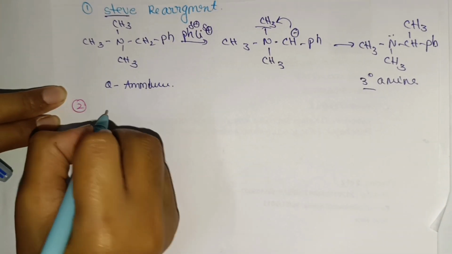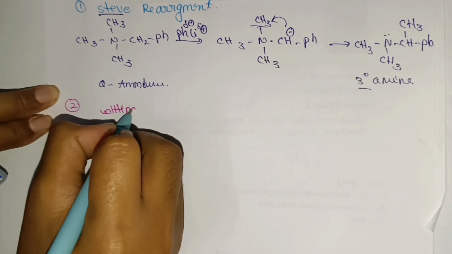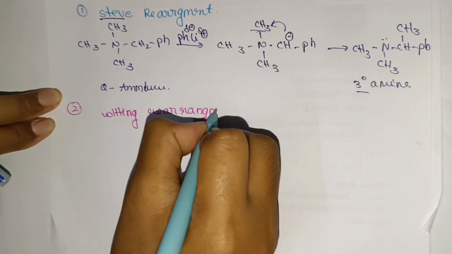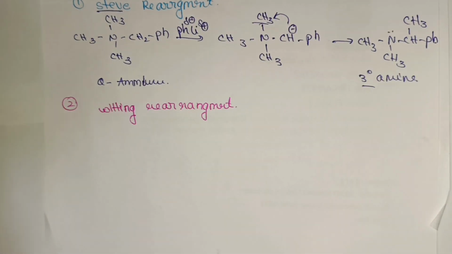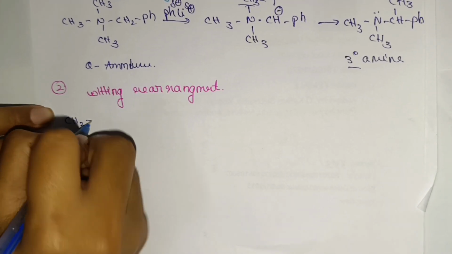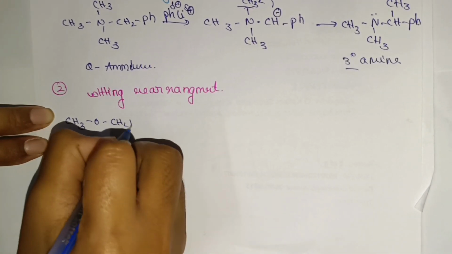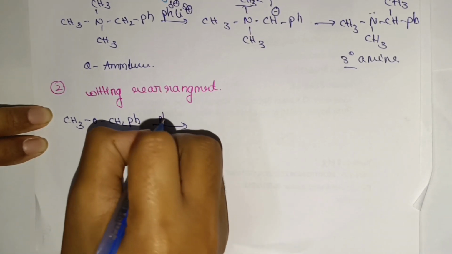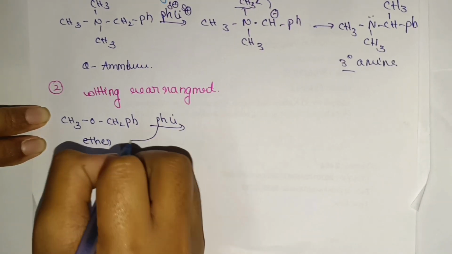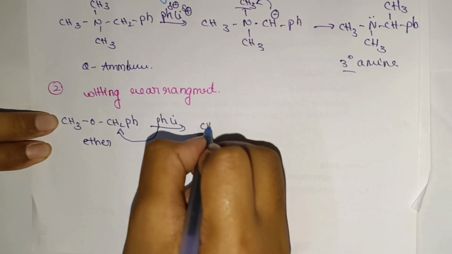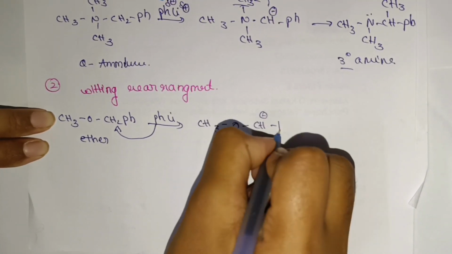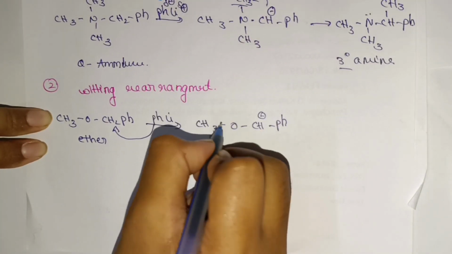Next, the second one is Wittig rearrangement. What is Wittig rearrangement? An ether can be converted into an alcohol. This is an ether, CH3, CH2, Ph. Phenyl lithium attacks here. It forms like this, CH3C negative charge, phenyl.